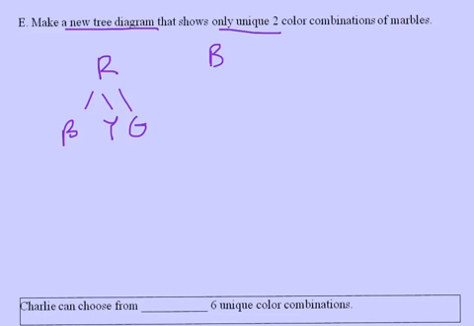And we can have a blue marble, and that other pairs would be yellow and green, and we can have a yellow with green. So we can see that we have 1, 2, 3, 4, 5, 6 unique combinations that he can choose from.